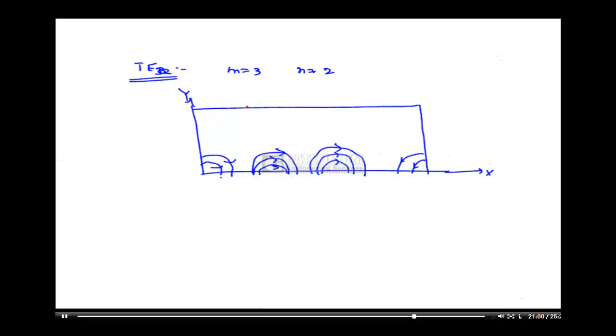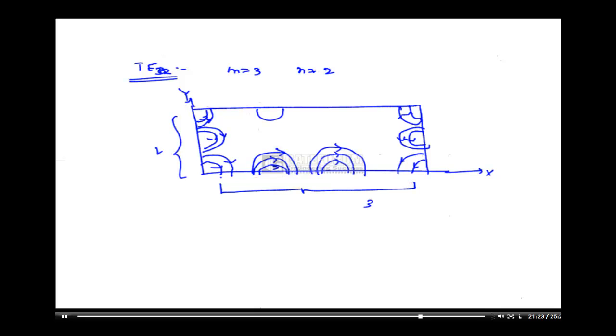Similarly along the y-axis I want 2. This is already 1/4, this is another 1/4, so total half cycle is 1. Another 1 here. So the total number of half cycles along the y-axis is 2, and along the x-axis is 3. Similarly this also, here in the opposite direction.